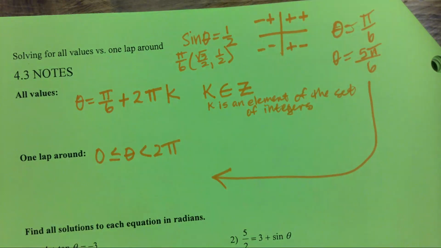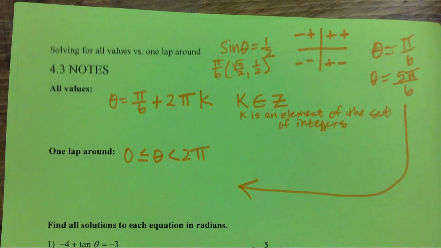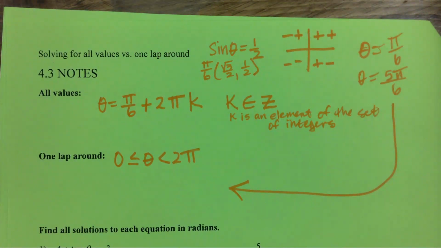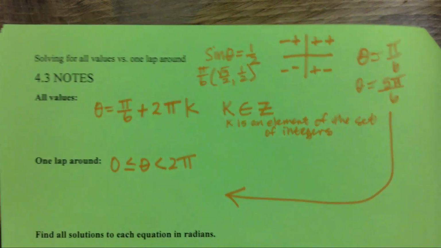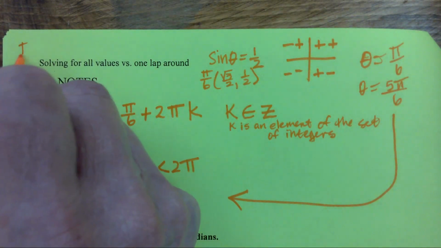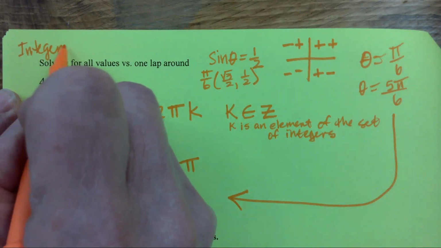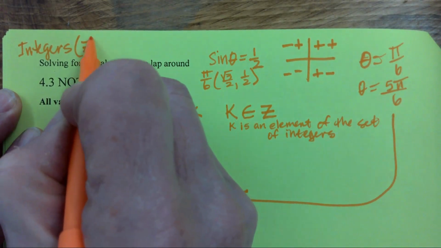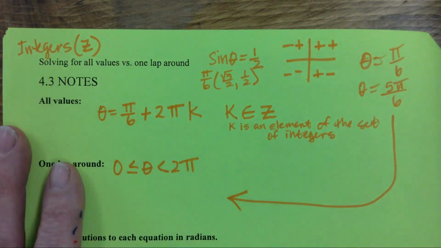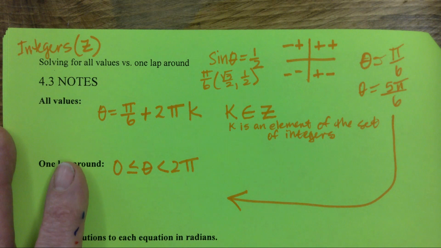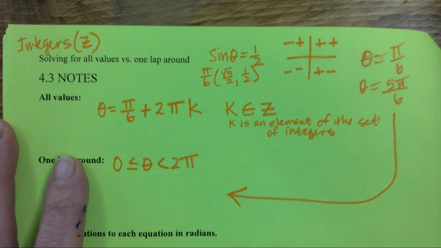And it might have been a while since you talked about what integers are in a class, but integers are all the positive and negative whole numbers. And so if I do the set of integers, which we use Z for as the symbol, because why not, right? Well, I is taken, so we can't use I. I is for irrationals. And so capital I is irrationals, lowercase i is imaginary. So Z is what they have left, so integers.